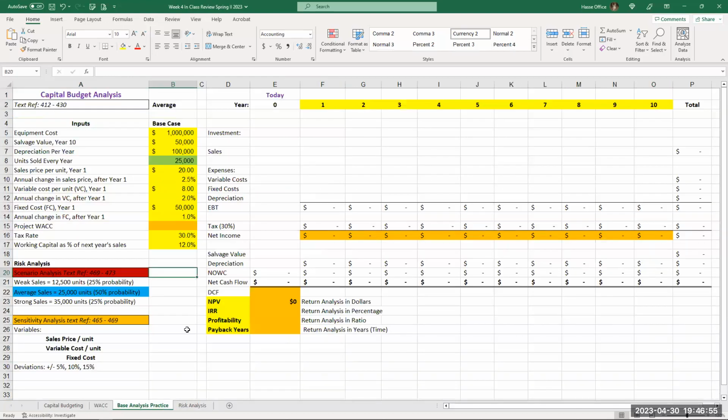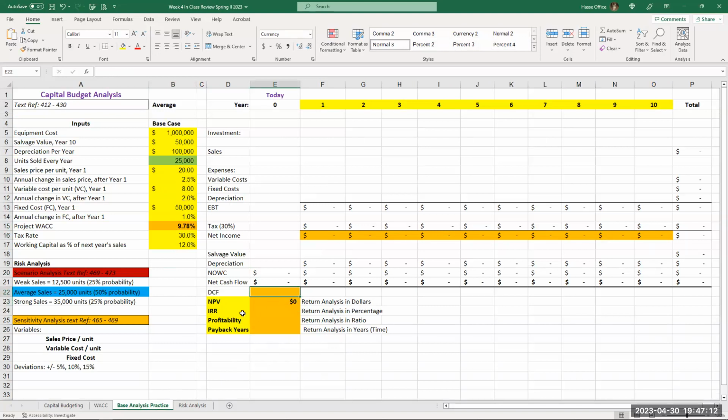So now I will put that 9.78% right here as a variable in my capital budget analysis, because that's my discount rate. That's my cost of capital, which will be included in this calculation.